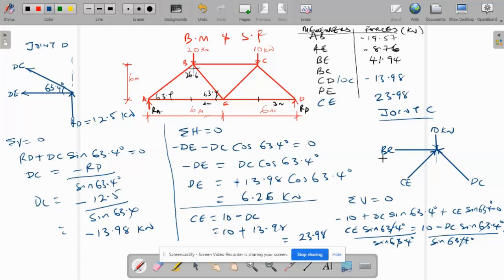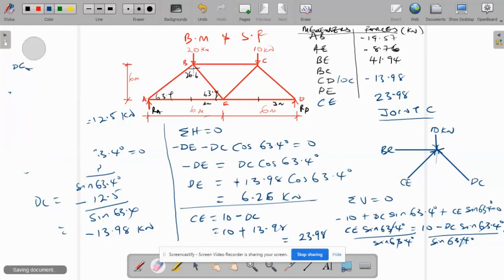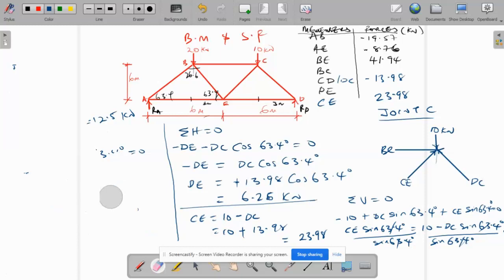So the next thing we need to do is to resolve horizontally. Let's wipe the board so that we can do so.